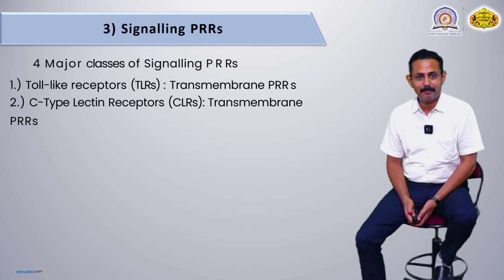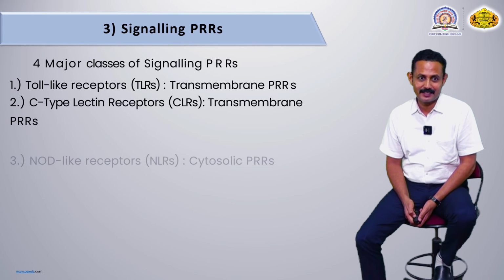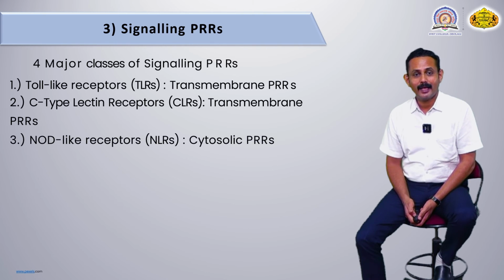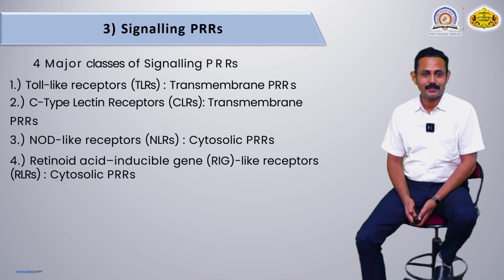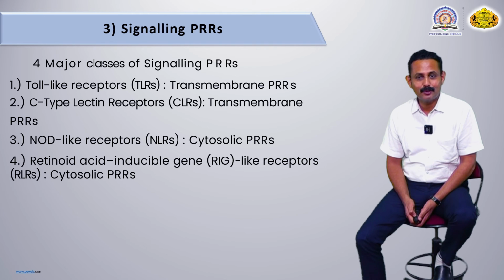Then the C-type lectin receptors or CLRs, another kind of transmembrane receptor. Another is called the NOD-like receptor or NLR. These are present in the cytoplasm, that's why they are called cytosolic receptors. The fourth class is the retinoic acid inducible gene, the RIG-like receptor, which is also present in the cytoplasm. That's why it is another kind of cytosolic receptor.